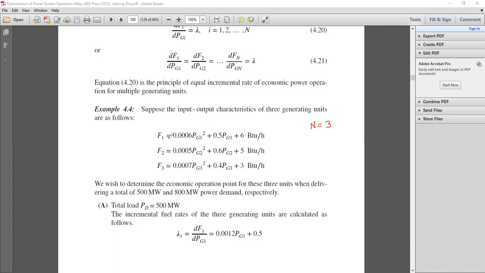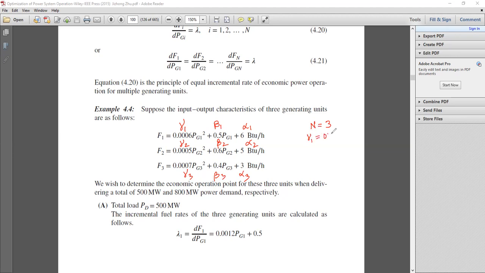This is like alpha plus beta PG1 plus gamma PG1 squared. So let's make it unique for each of the generating units. This should be gamma 2, beta 2, and alpha 2, alpha 3, beta 3, and gamma 3. So let's list them. This is my F1.